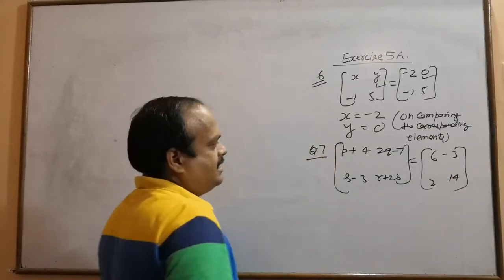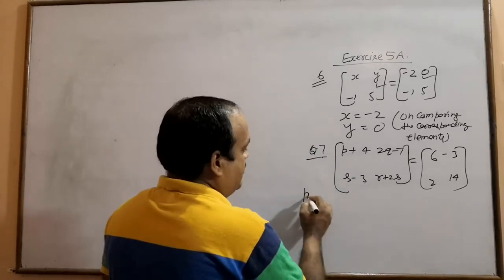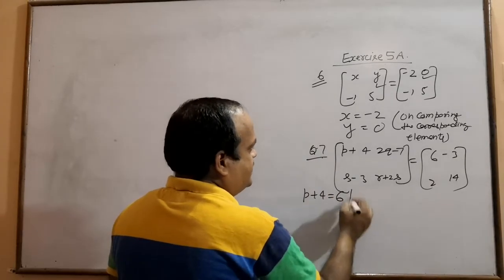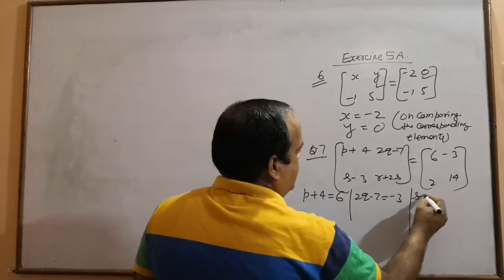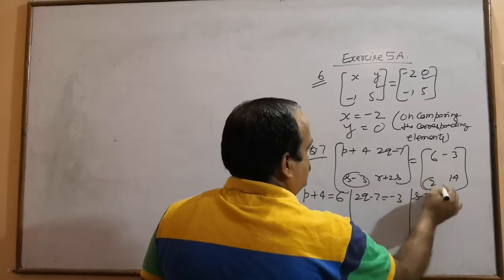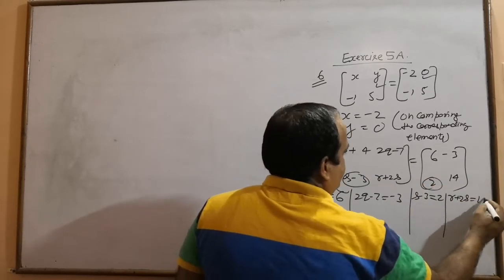As I told you, the corresponding elements of equal matrices are equal. Using that concept, we get P plus 4 equals 6, 2Q minus 7 equals minus 3, S minus 3 equals 2, R plus 2S equals 14.